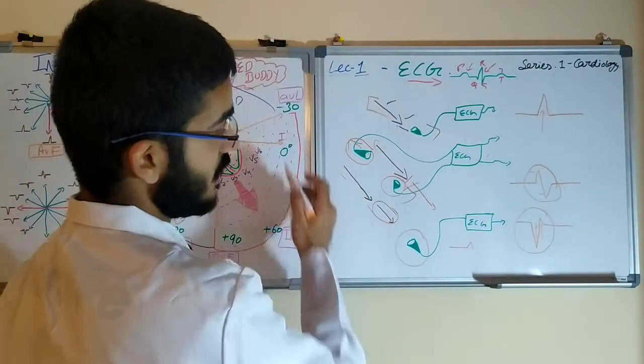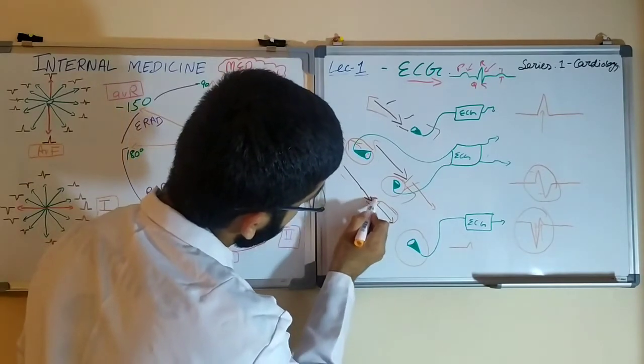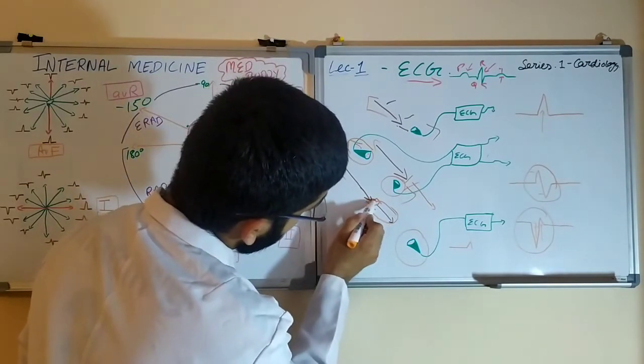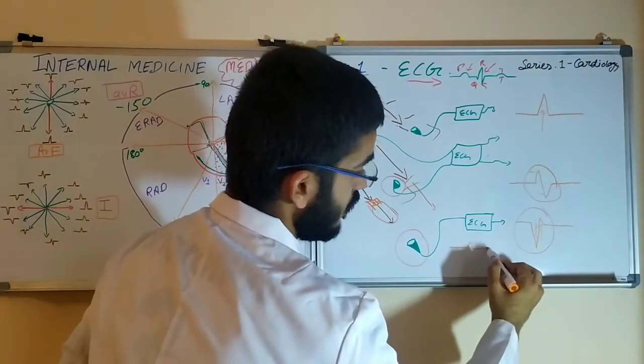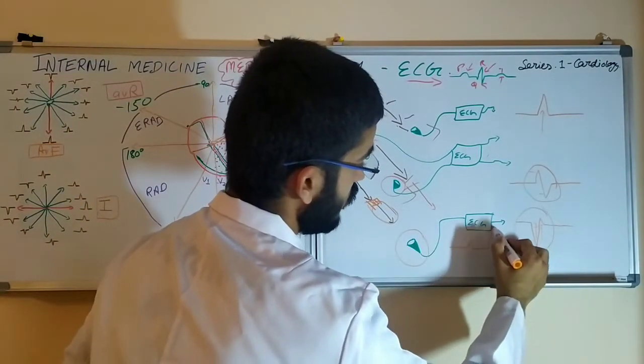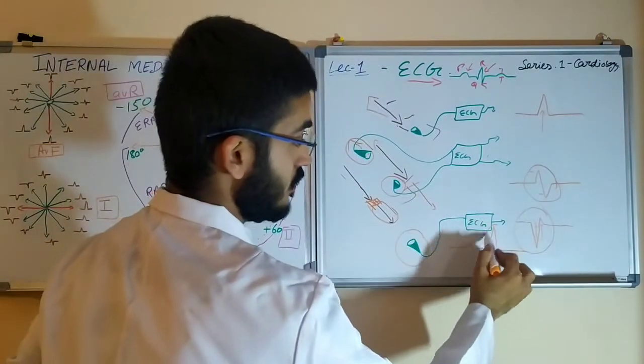And then a large magnitude is coming, but with a time lapse. Here between two vectors there is also a time gap, and then a large magnitude is coming, and this will be presented like this.